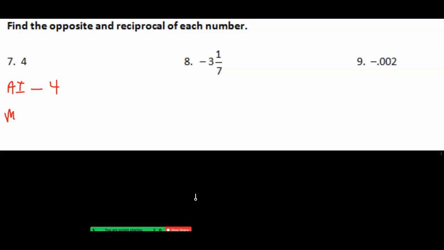The multiplicative inverse or reciprocal is 1/4. What I want you to notice is that the sign of the original and the sign of the inverse are the same. The sign of the original and the sign of the reciprocal are the same.